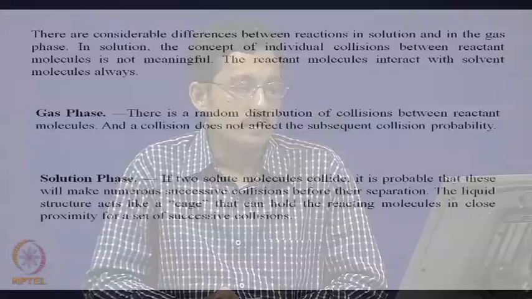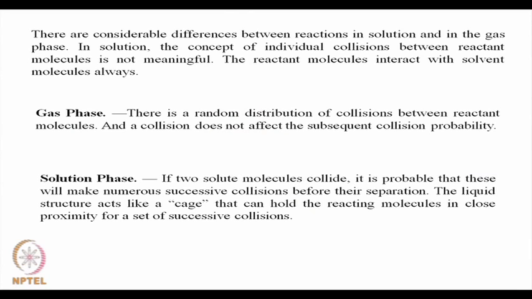So there is no influence. Suppose right now a collision is happening; that collision is not going to affect the next collision with this molecule and the other molecule. So the collisions behave independently.